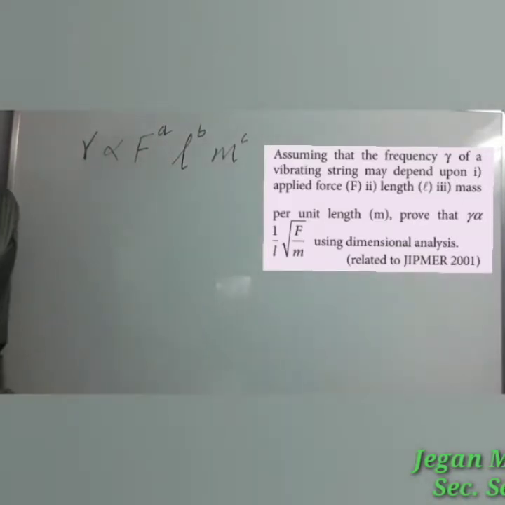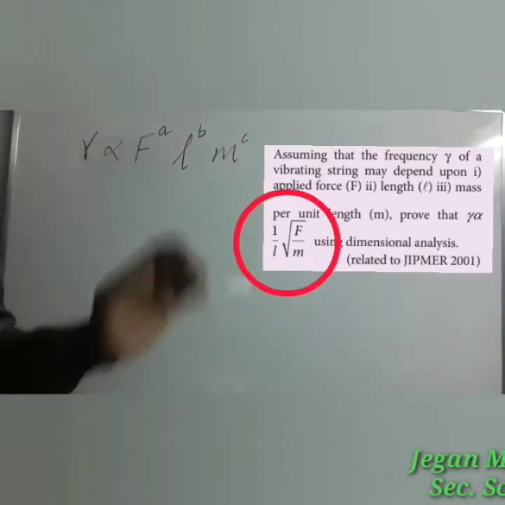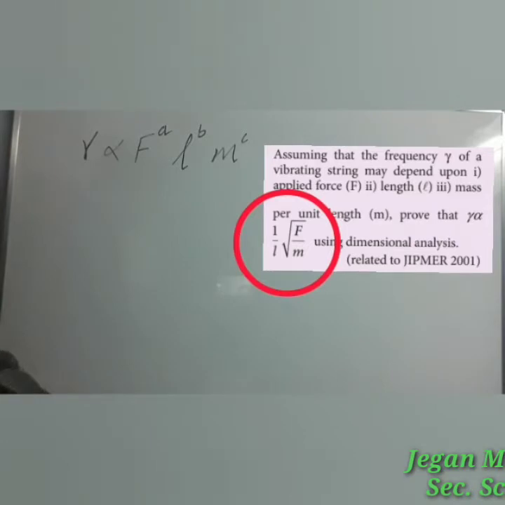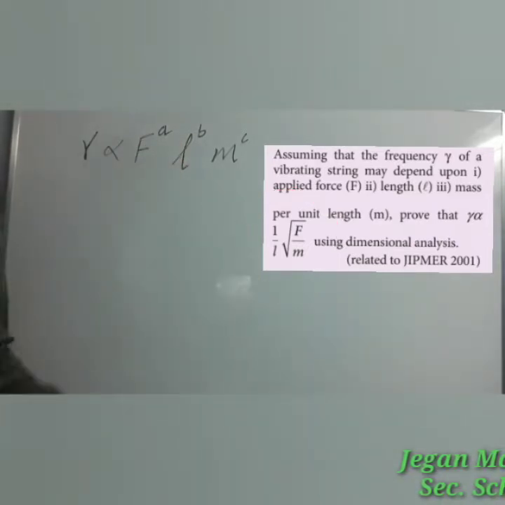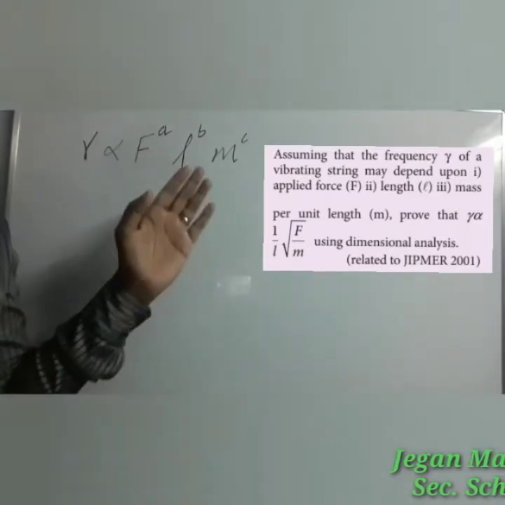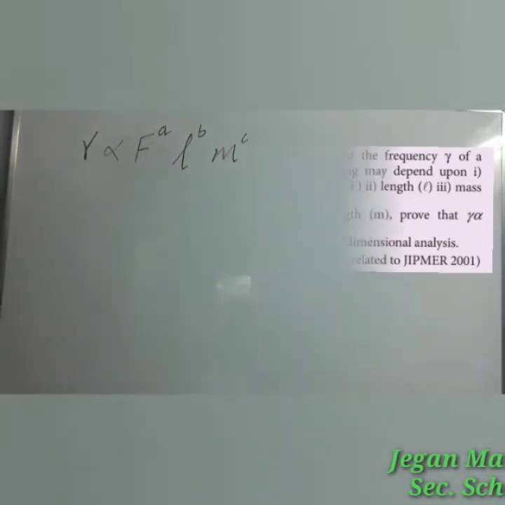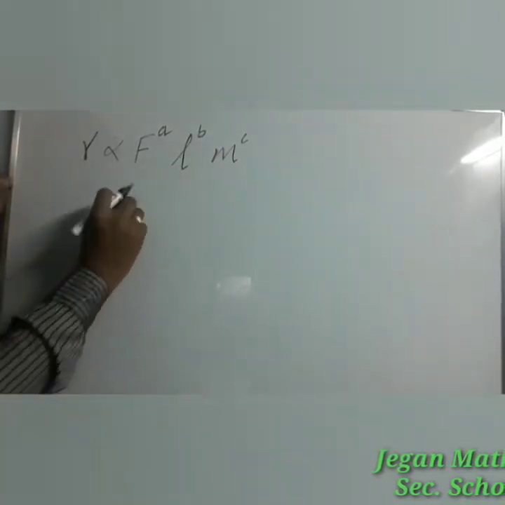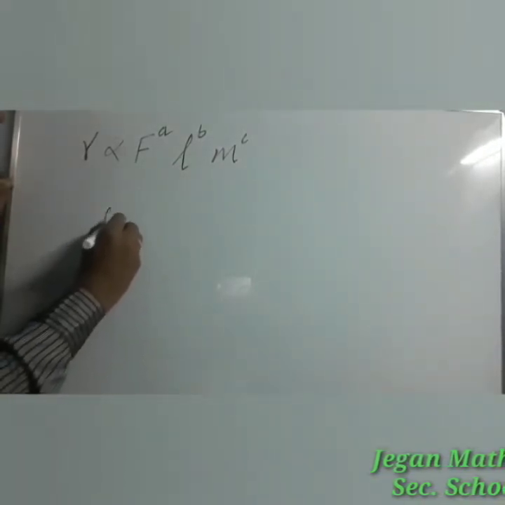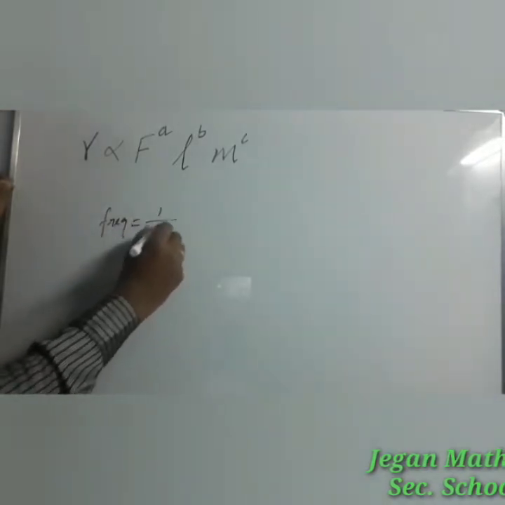Now we are going to prove the frequency nu is directly proportional to 1 by L root of F by M. Remember they haven't given anything about the constant, so no need to introduce the constant here. As it is you can solve. What is the dimension for the frequency? First, what is the formula for frequency? Frequency is equal to 1 by time period.